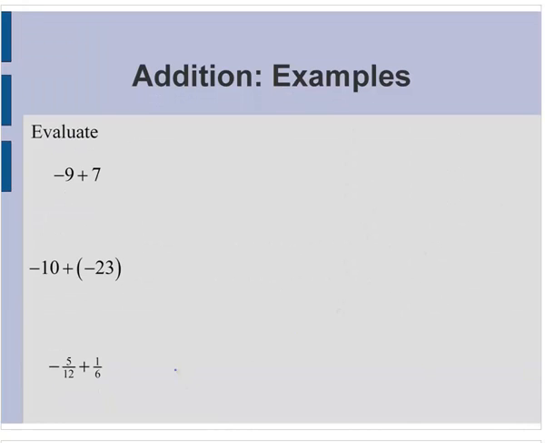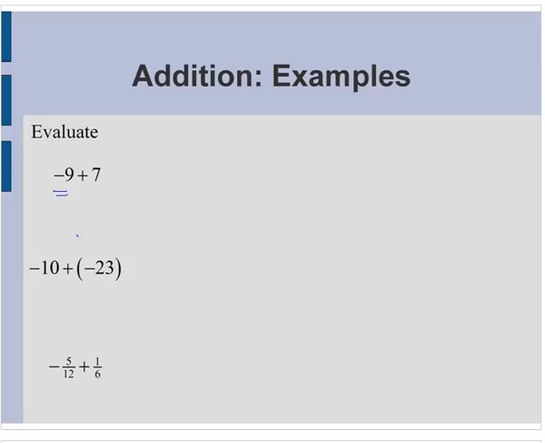All right, so let's see some examples. -9 plus 7. These have different signs. We keep the sign of the larger. -9 is, in a sense, larger than 7 under absolute value. I'm not talking about greater than or less than, rather larger. The absolute value of -9 is 9.